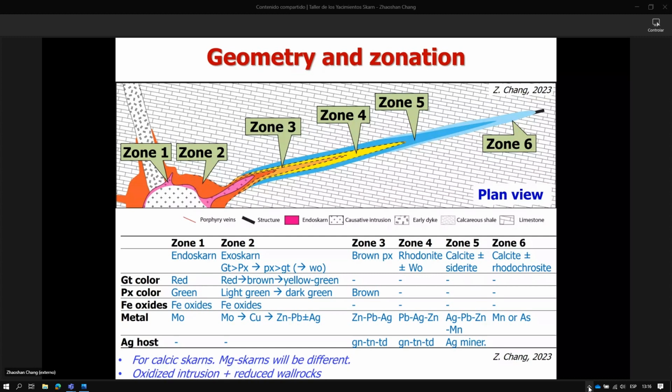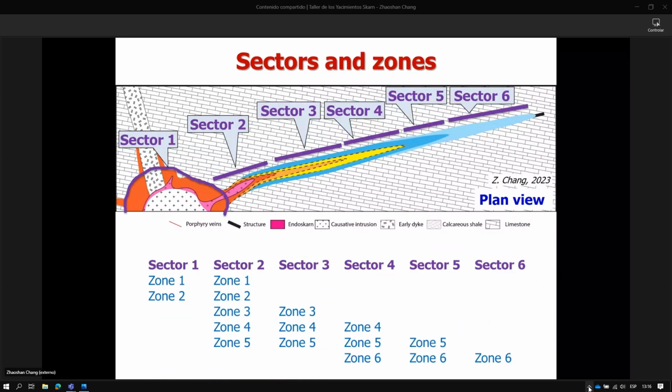Getting more complicated. Sector 1 is a contact sector skarn. We can have zone 1 and zone 2, and obviously this is a zoning pattern by itself. In sector 1, we have zone 1 to zone 2. Sector 2 is the branch 1: we can have zone 1, zone 2, all the way to zone 5.